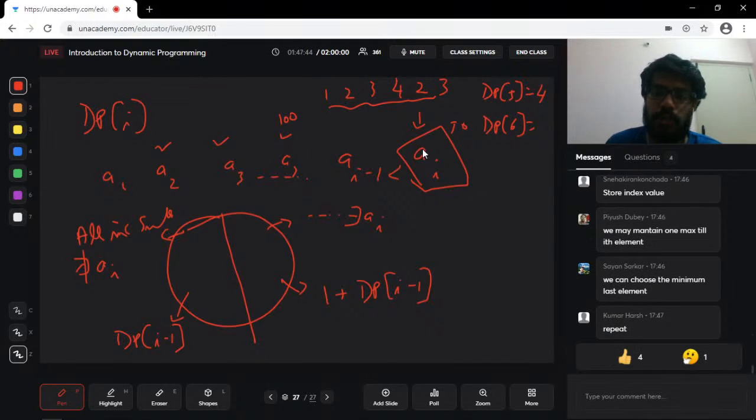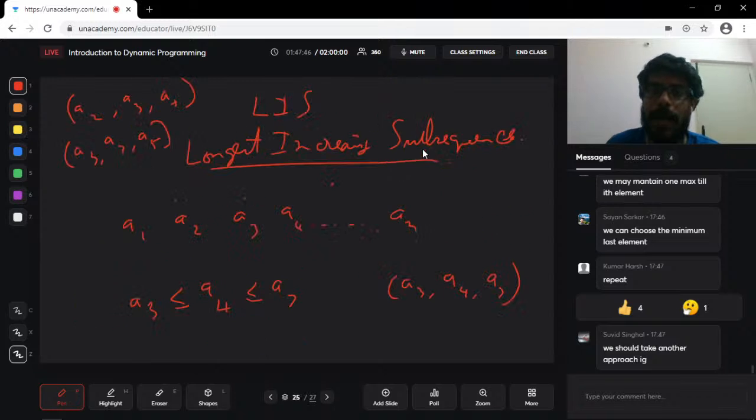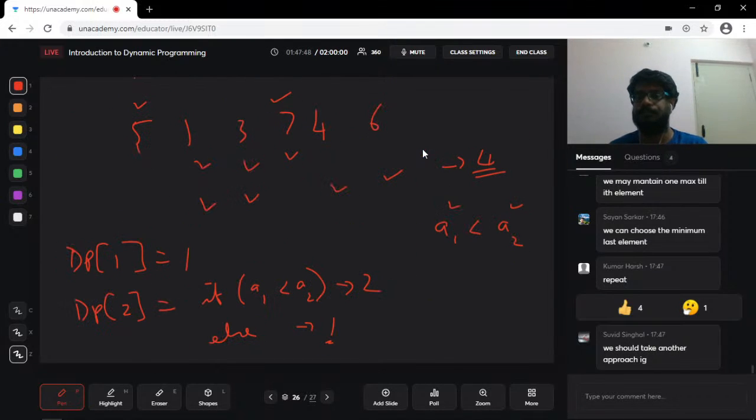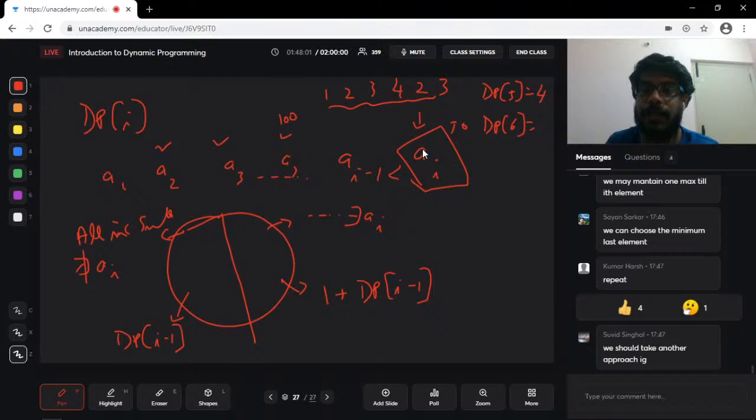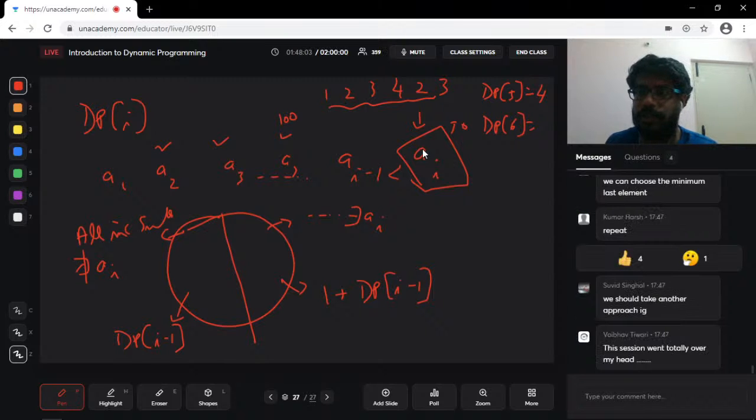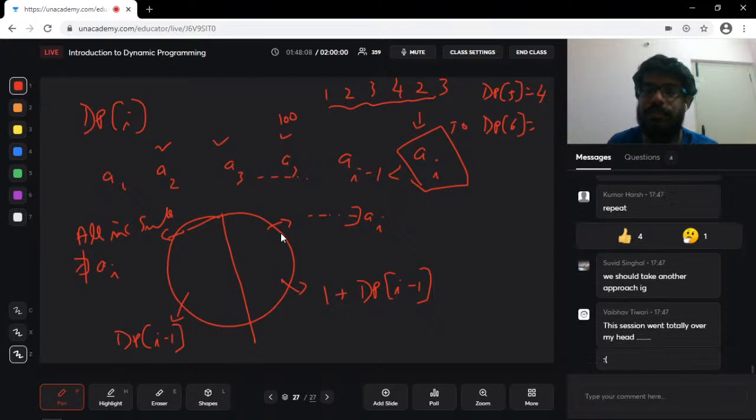So what we are going to do is rather go back to the definition of the DP, okay, and tweak the definition of the DP itself. So basically, I took the most natural definition of DP. I did everything that we did earlier, the same process I followed, and we ended up at a place where we are not able to go further. We are not able to find the maximum of the second bag.